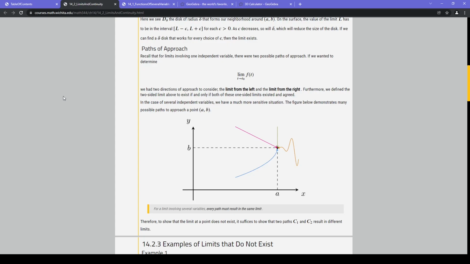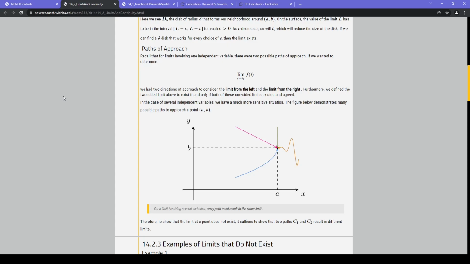right? You can take a radius and then just start changing theta and go around an infinite number of straight line paths. And then, as we can see from the image here on screen, I have to worry about paths that aren't straight as well. So in one-dimensional limits, we can get away with just worrying about the two-sided limits because in 1D, I can only come in from the left or come in from the right.